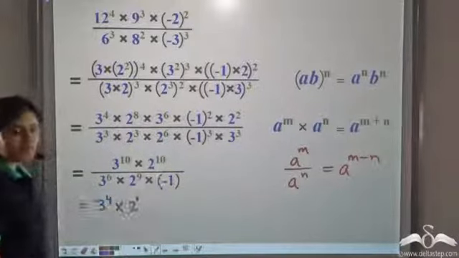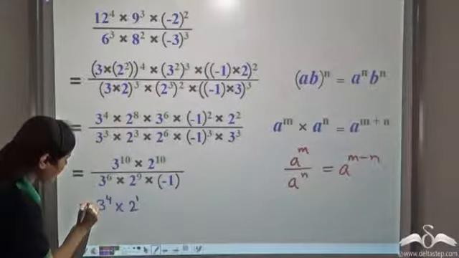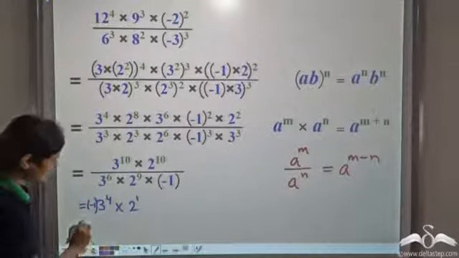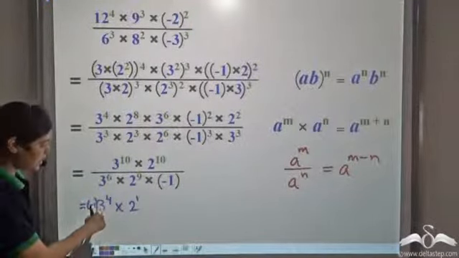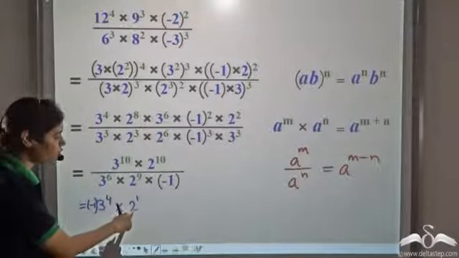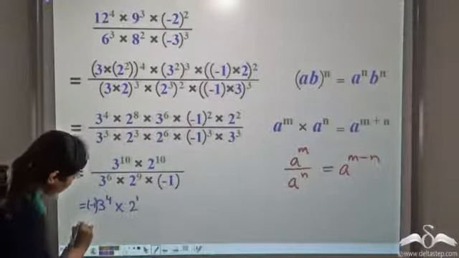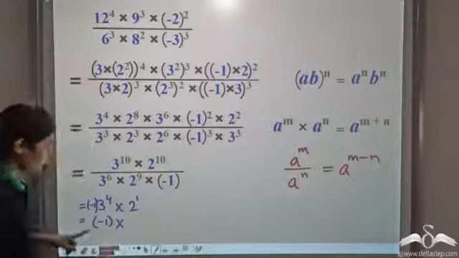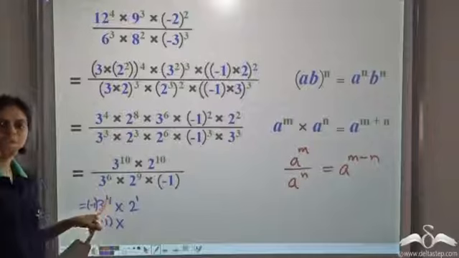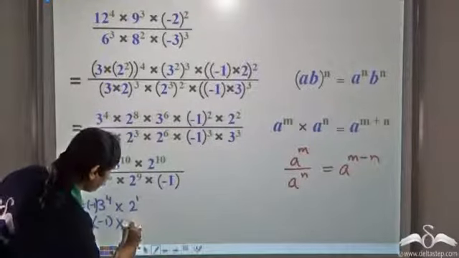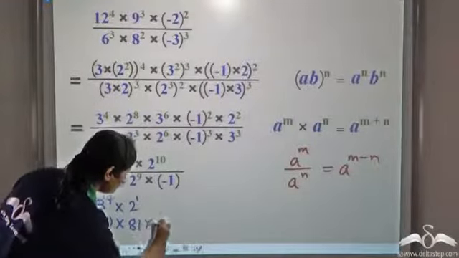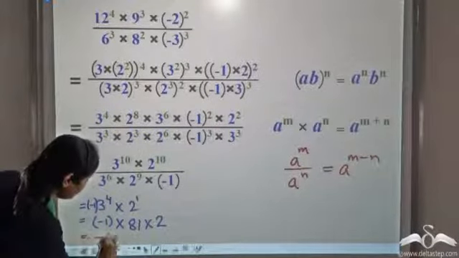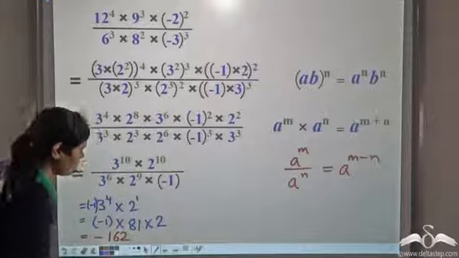And we have a negative 1. So we put a negative sign here. So this is negative 1 into 3 to the power 4 into 2 to the power 1, which is equal to negative 1 into 3 to the power 4 is 81 into 2, and this is equal to negative 162.